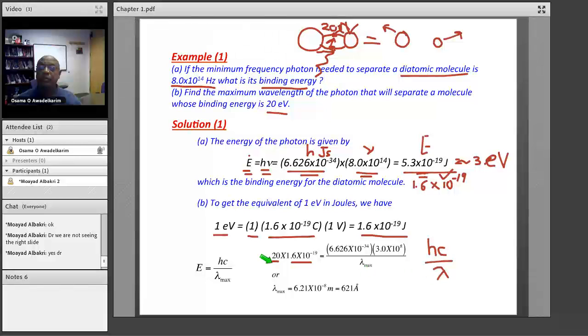So we want this binding energy of the molecule to be supplied by a photon, and we want the maximum lambda for this photon.